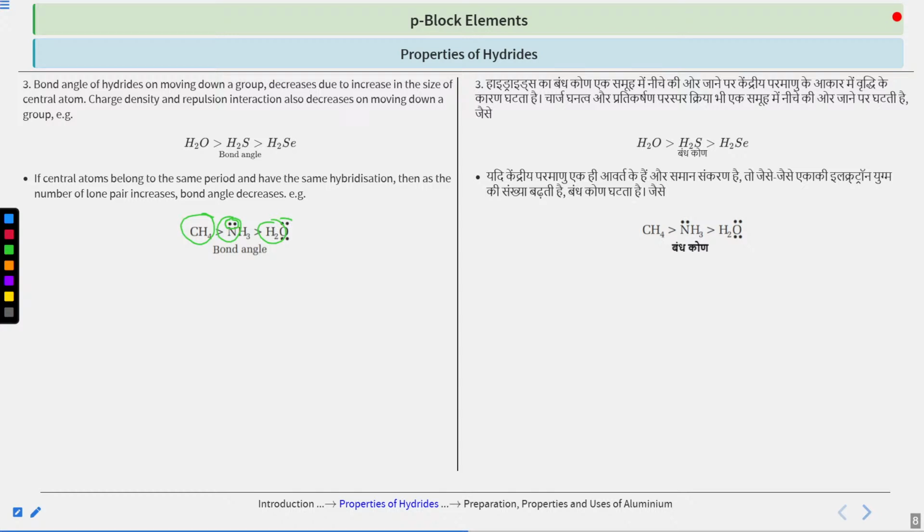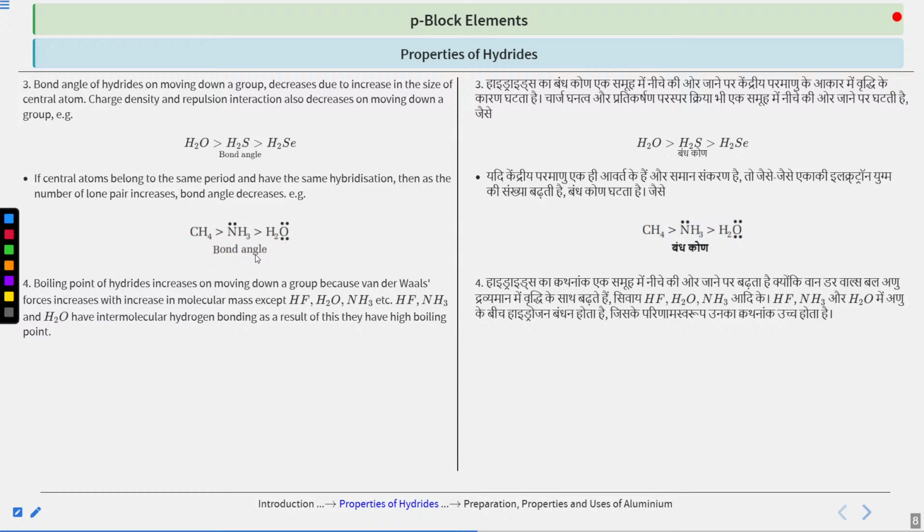But due to the greater number of lone pairs, which carry a full negative charge, because a bonded electron may be attracted towards the nucleus but is still under the influence of the hydrogen, whereas the lone pairs are completely on the nitrogen or oxygen, their strength of repulsion is also greater. We know that lone pair-bond pair repulsion is more than bond pair-bond pair repulsion. For that reason, we have a smaller bond angle. Clear?